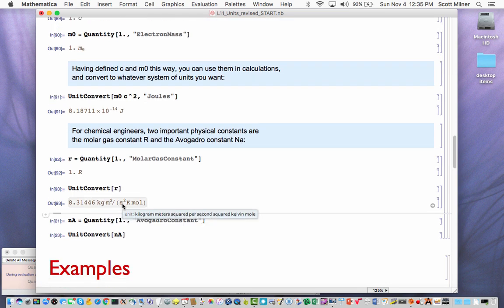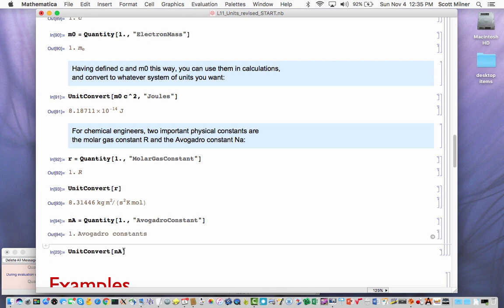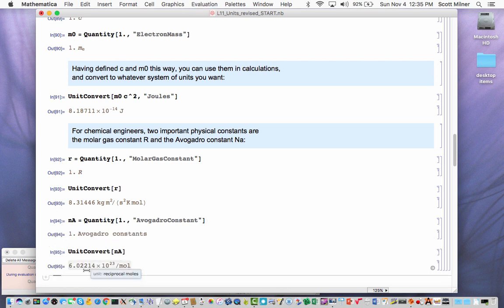This kilogram meter squared per second squared is a joule, right? And so this is joule per mole Kelvin. N sub A, likewise, the Avogadro constant is 1 in units of the Avogadro constant. And if you unit convert that, then you get the familiar 6.02 times 10 to the 23 per mole.